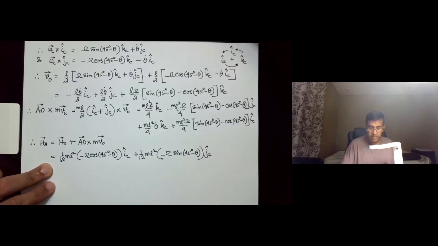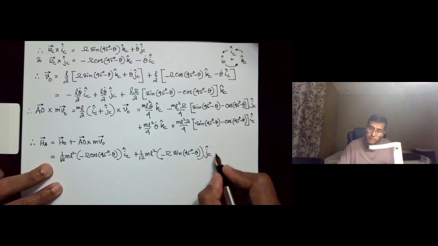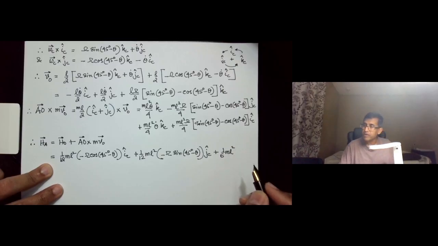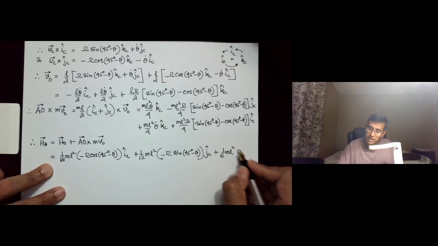That's the component of the angular momentum of the plate about the center point O, plus you have the moment of inertia about z, which is 1/6 ml squared times the angular velocity in z, which is theta dot kc.